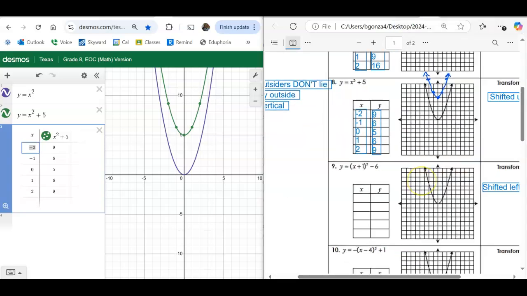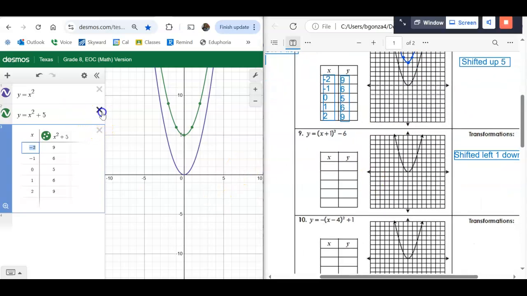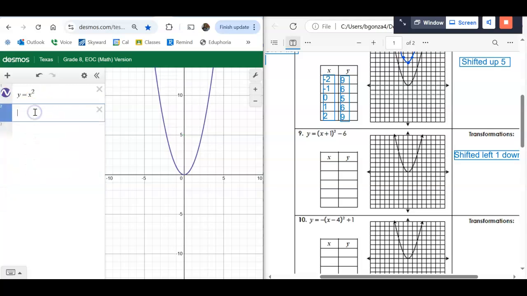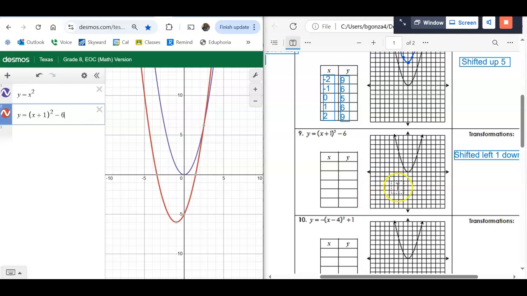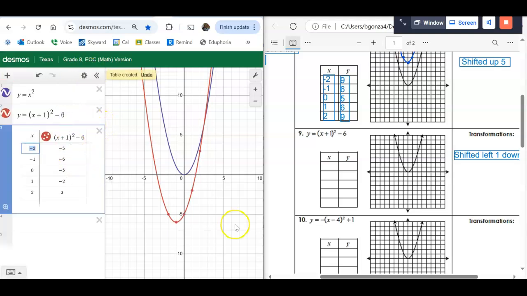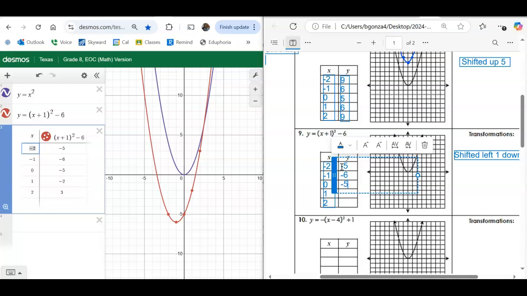All right, let's Desmos this thing. Okay, so y equals (x plus 1) squared minus 6. So did it shift left 1 down 6? Yep, it did. So I click the little gear table. Now I can fill this in. Cool.